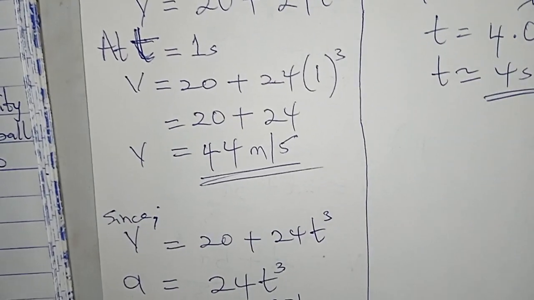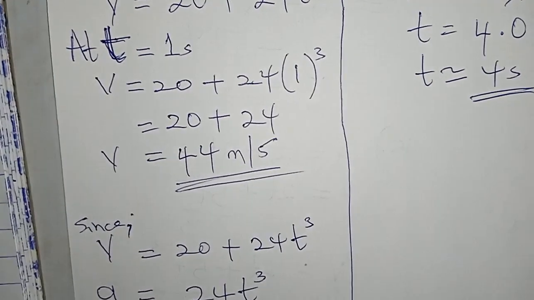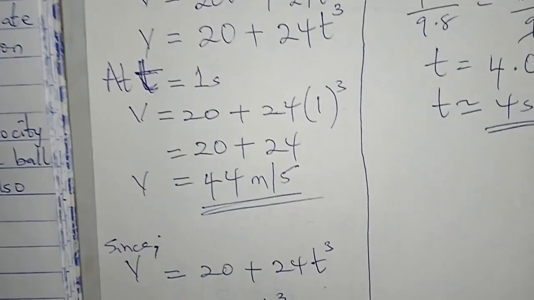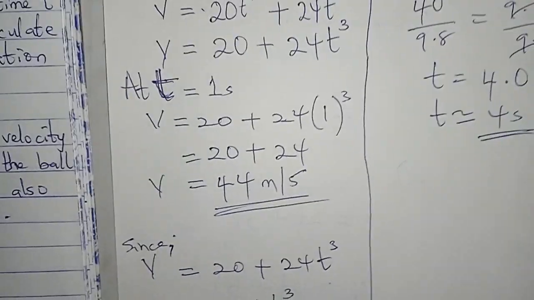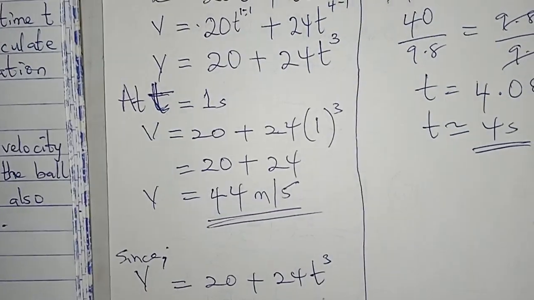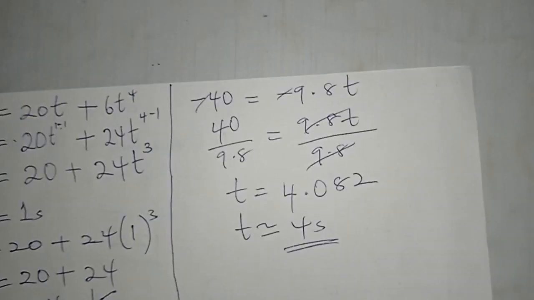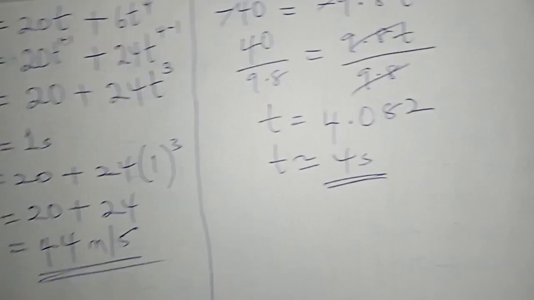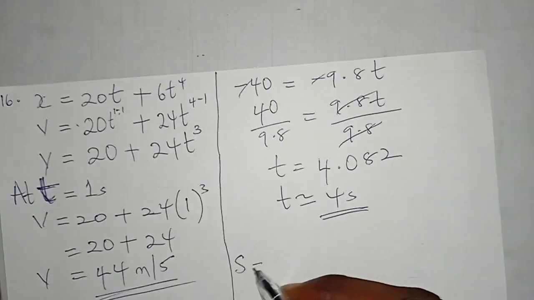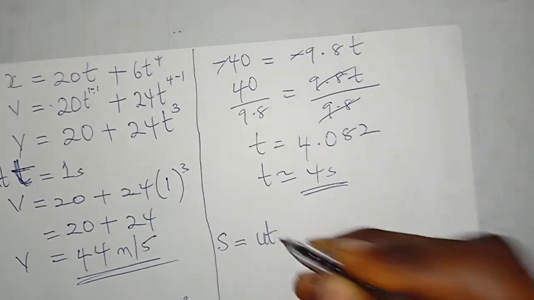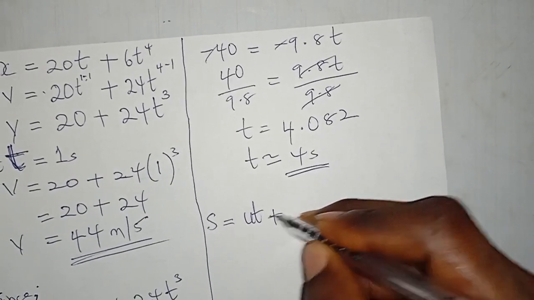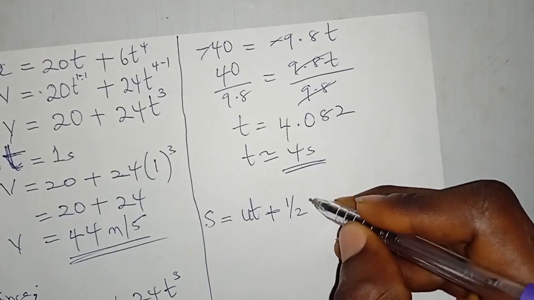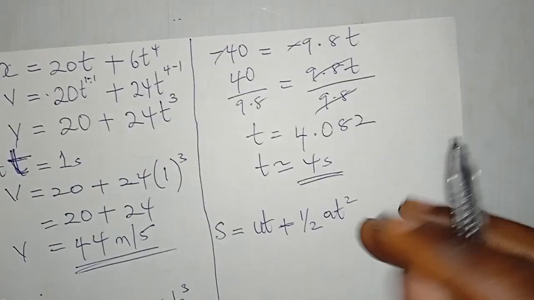Now find also the distance to this height. The distance, I will say displacement. So let's apply our formula for distance. I will simply make use of s equals ut plus half at squared.